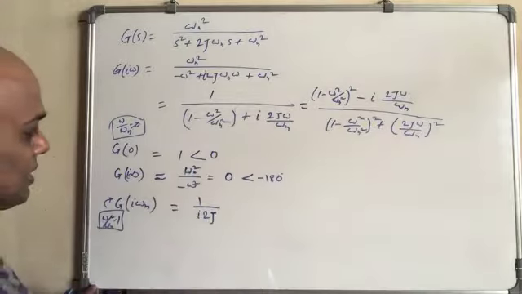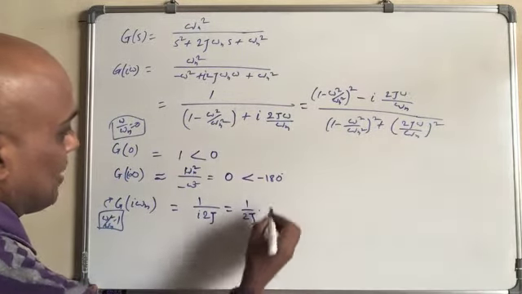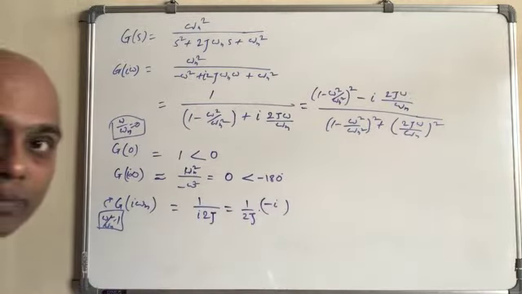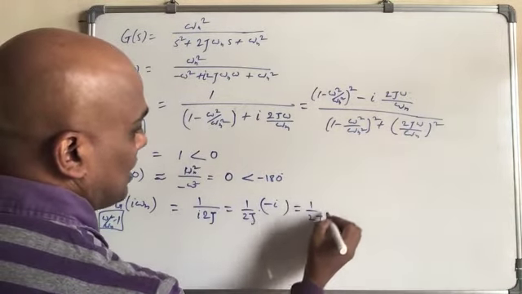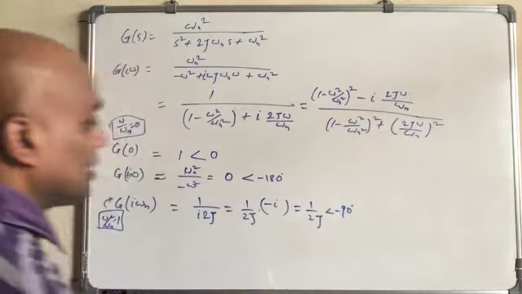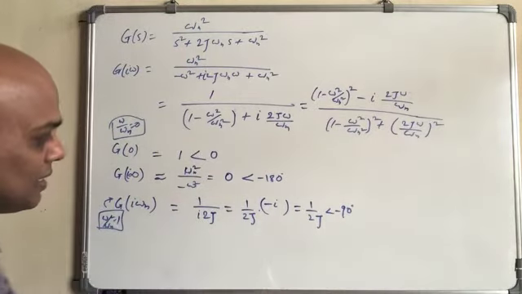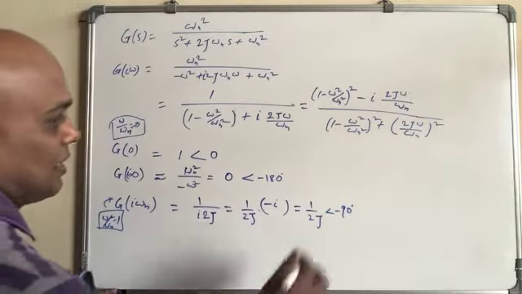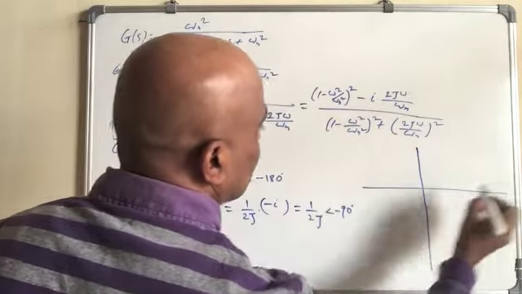So it equals 1 over 2 zeta times minus i, and minus i is simply 1 over 2 zeta at minus 90 degrees. We have seen that when omega equals omega n, we have minus 90 degrees. So we have roughly the values, and accordingly we can draw something.